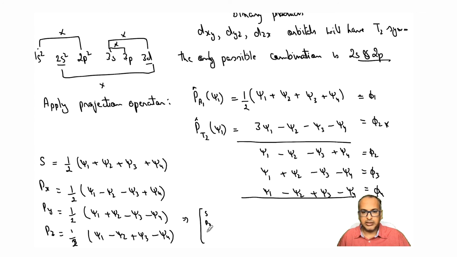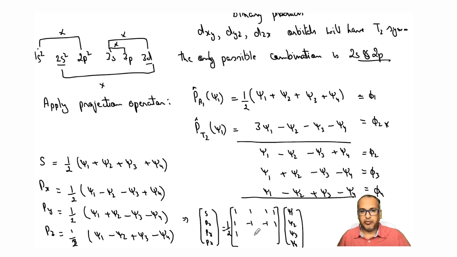Now if I try to write this in matrix form, I can say s px py pz is equal to psi1 psi2 psi3 psi4, and I can take the half outside, times the matrix with rows 1 1 1 1, 1 minus 1 minus 1 1, 1 1 minus 1 minus 1, 1 minus 1 1 minus 1, right?